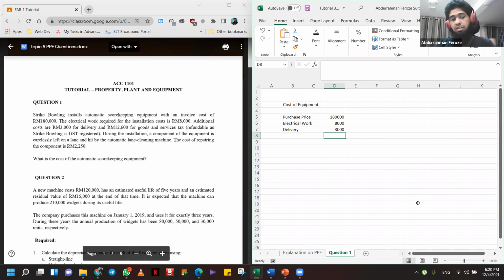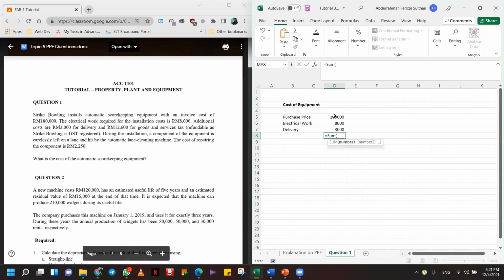Secondly, the cost of repairing, 2,250. Why is that not added? The repair doesn't arise at the time they install the machine.